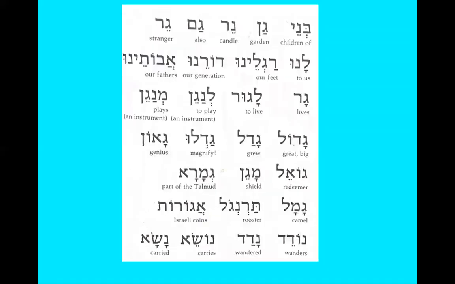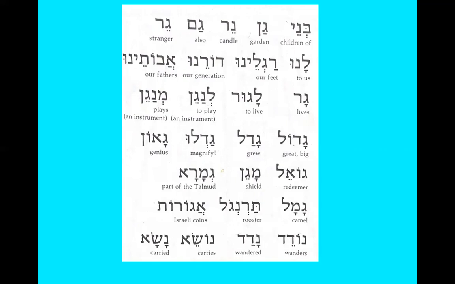So let's read some of the vocabulary words, and remember that all of these words are on Quizlet, so you can go over them anytime you want. B'nai, gan, ner, gam, ger. Second line, lanu, raglenu, dorenu, avotenu. Third line, gar, lagur, lenagen, menagen.